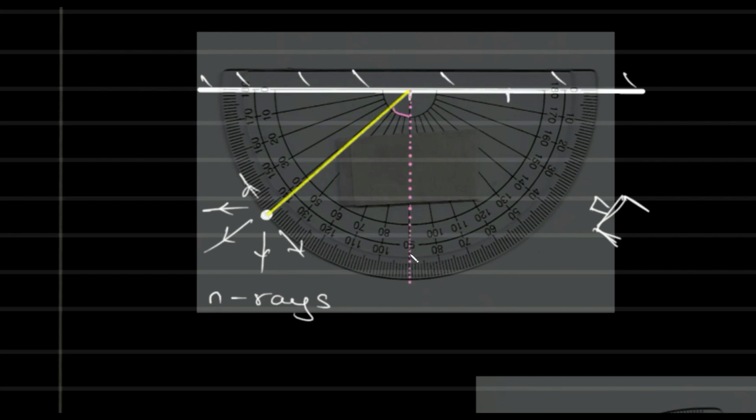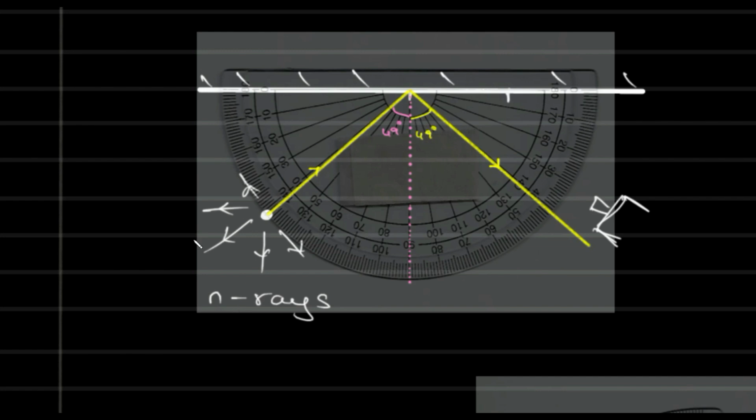So 90 minus 41 is 49 degrees. So this end too, the same thing should be there. So we'll end up with something like this. Okay, so this is your incident ray. That's your reflected ray. So this too is your 49 degrees.